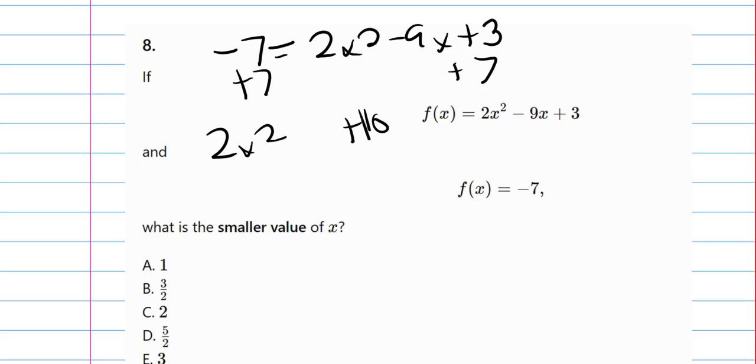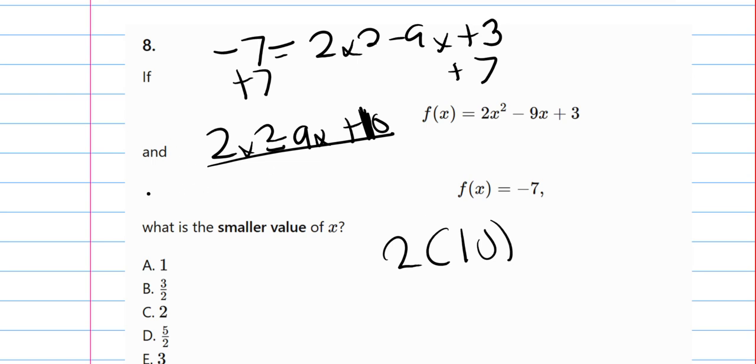No, minus 9x, and this is 10. So now we get this entire trinomial. A is equal to 2, B is equal to negative 9, and C is equal to 10.